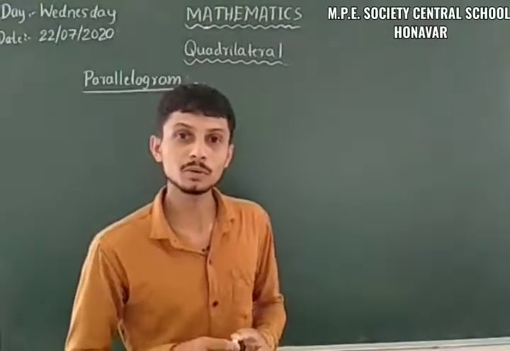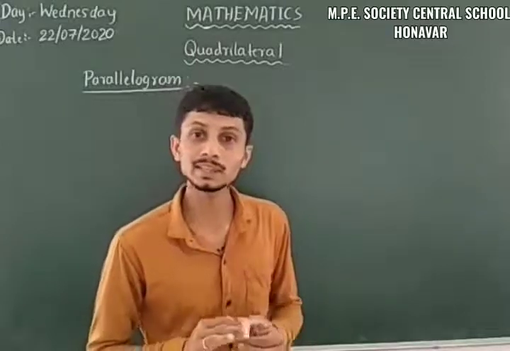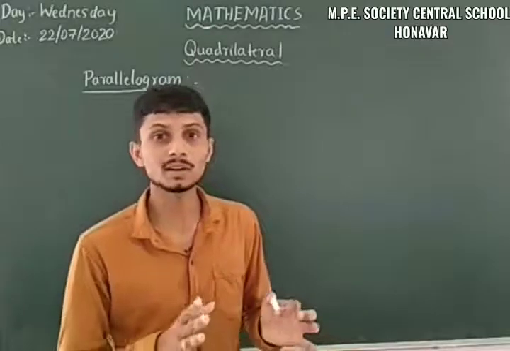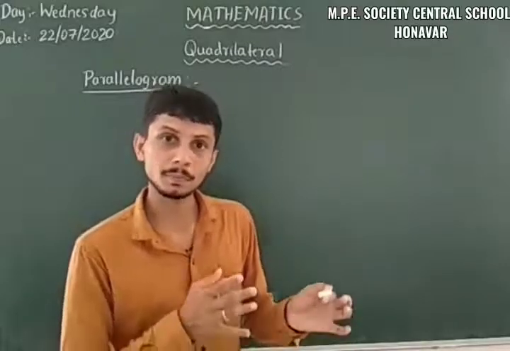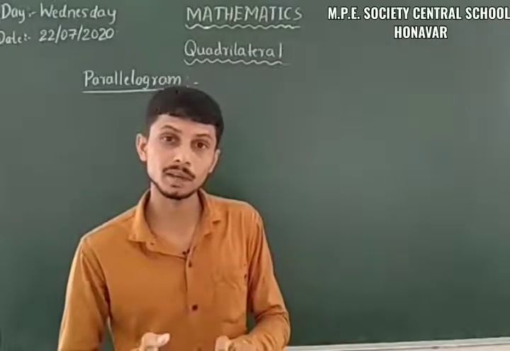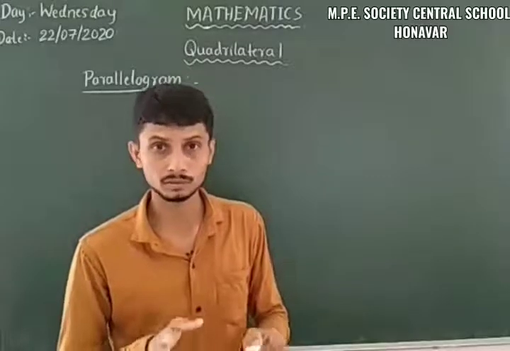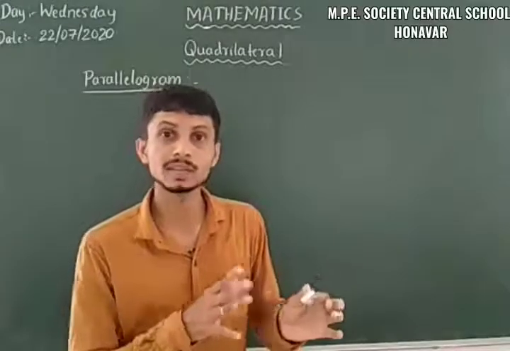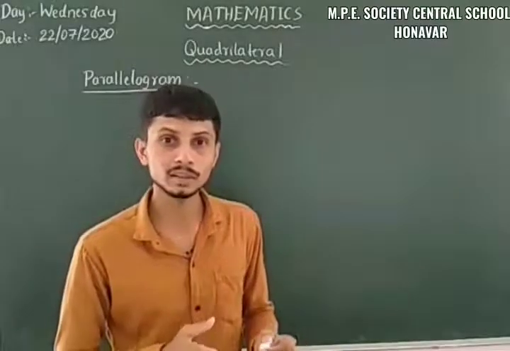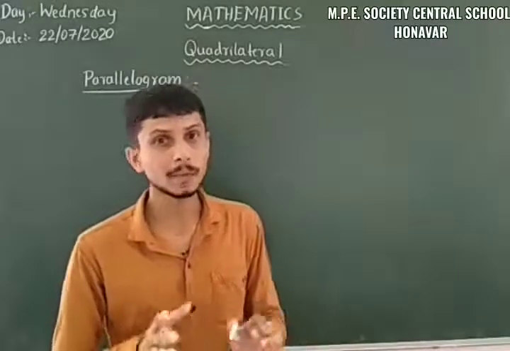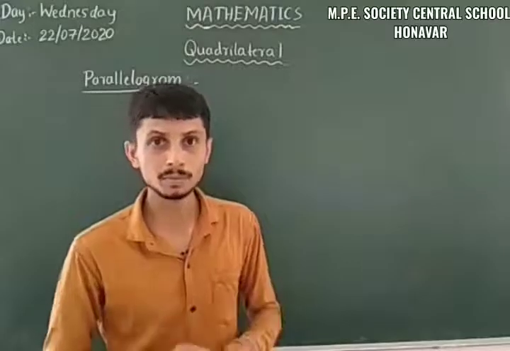So firstly I will go with property number 1, that is, opposite sides of a parallelogram are of equal length. We already learned that opposite sides of a parallelogram are parallel, but we have to prove that the opposite sides of a parallelogram are of equal length.